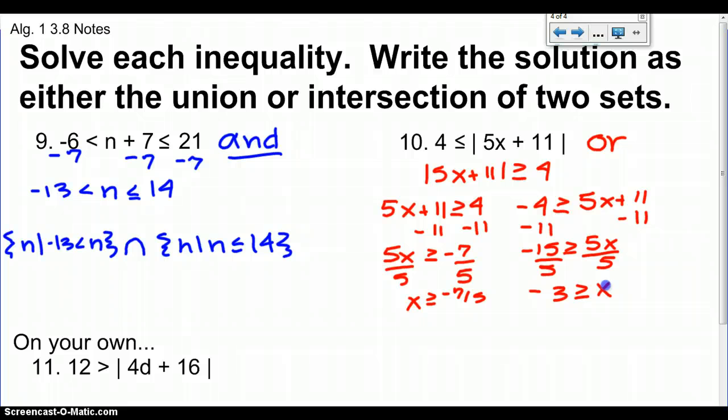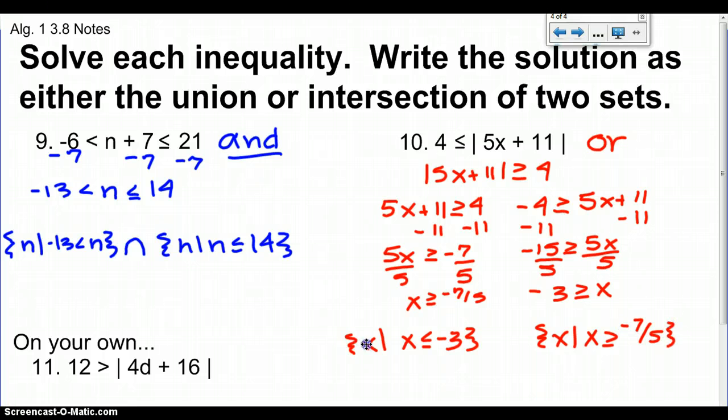Then we're going to have to write this in our form as a union or an intersection. We're going to start by writing them in set builder notation. And since negative 3 is smaller, we're going to start with the negative 3 one. So we have x, define our variable. x is less than or equal to negative 3. And then we have our second set builder notation of x, where x is greater than or equal to negative 7 fifths.